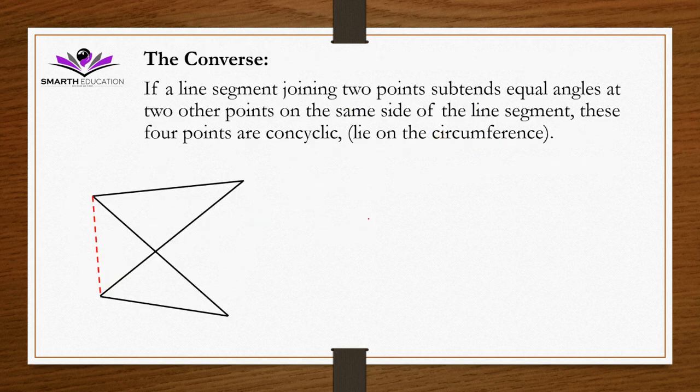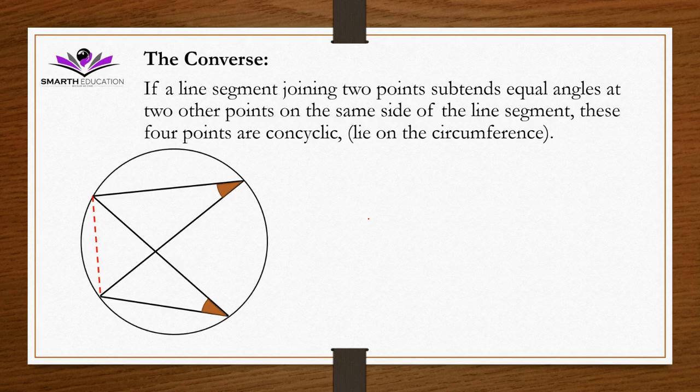And then the converse of this theorem. If a line segment joining 2 points subtends equal angles at 2 other points on the same side of the line segment, these 4 points are concyclic, meaning that they lie on the circumference. So we're saying that if this angle is equal to this angle, they are on the same side of the line segment, then these 4 points are concyclic.